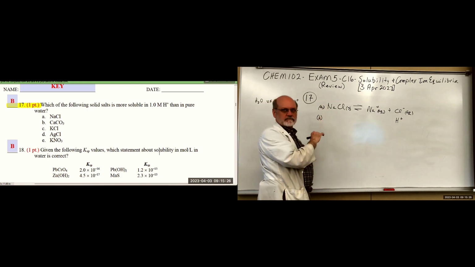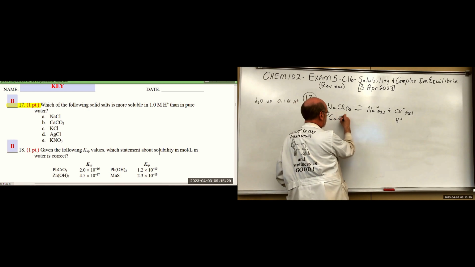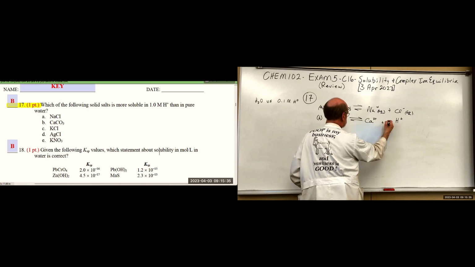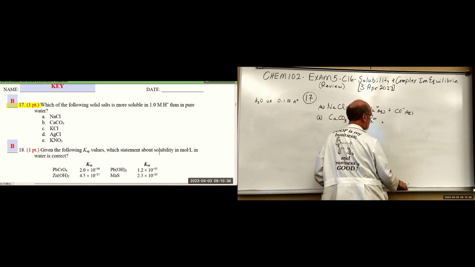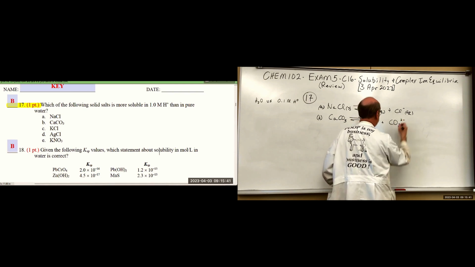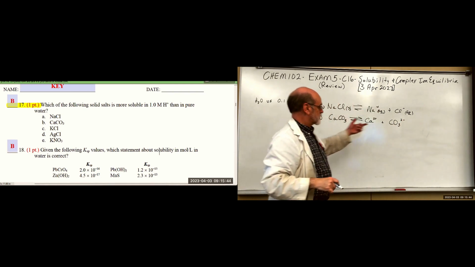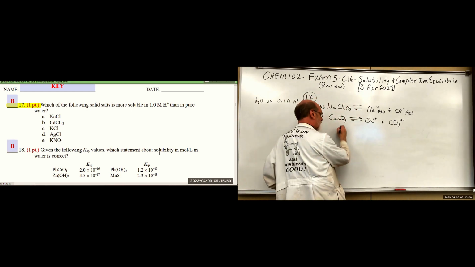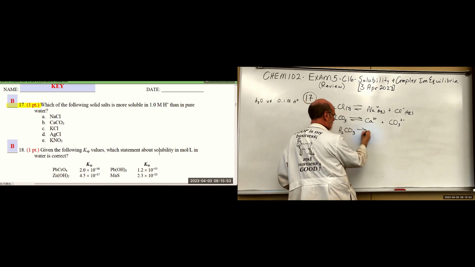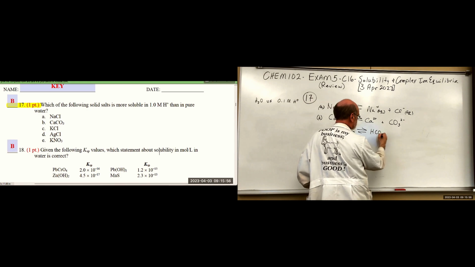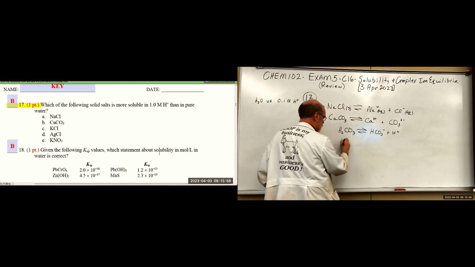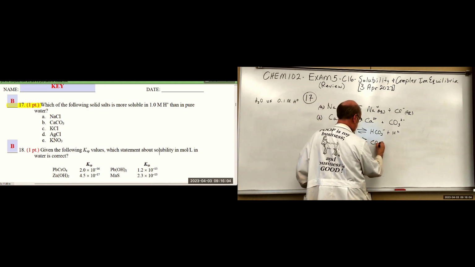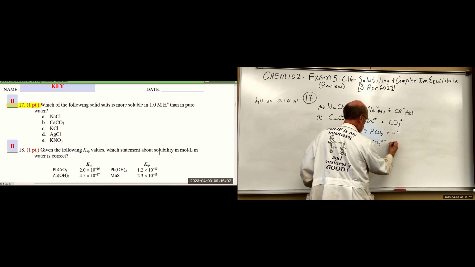How about B? Calcium carbonate. What is it going to break up into? Well, calcium ions plus carbonate ions. Okay. Is carbonate a strong base? Yeah. What is it derived from? Well, it goes through 2 steps, actually. And then this one loses another proton, CO3 2 minus and H plus.